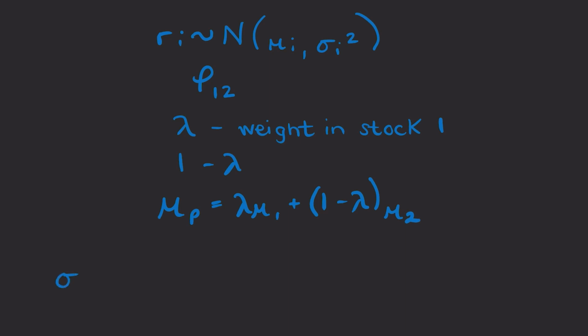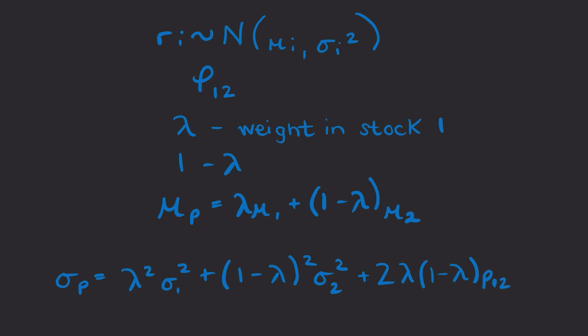As far as the standard deviation though, we know that the variance is a quadratic operator, so the portfolio variance is going to be given by this expression: lambda squared sigma 1 squared plus 1 minus lambda squared sigma 2 squared plus 2 lambda (1 minus lambda) times the correlation times sigma 1 sigma 2. If we want to find the standard deviation of the portfolio, we just take the square root of both sides.